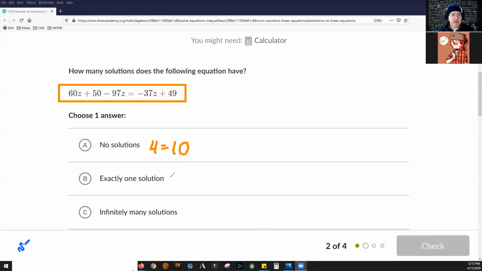Exact solutions, you'll get z equals a number like, I don't know, 12. I'm not saying it has to exactly be 12, just z equals number. And then infinite solutions would be something just like 9 equals 9. These are just examples. Let me put a little thought bubble.